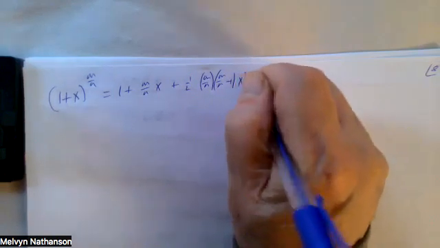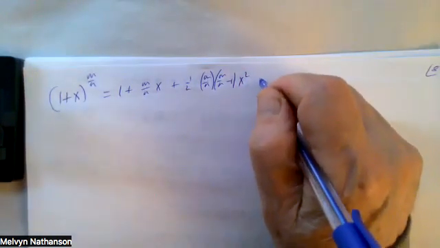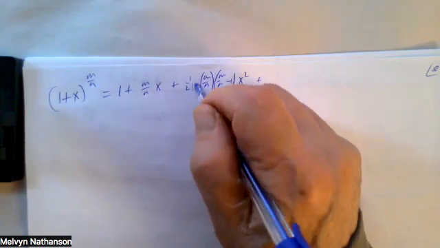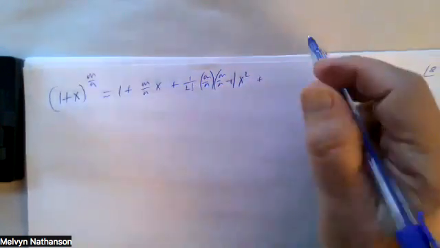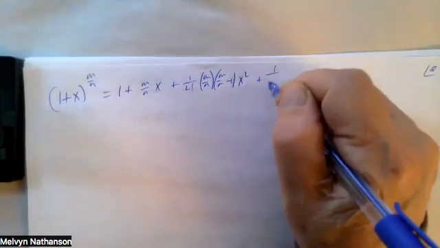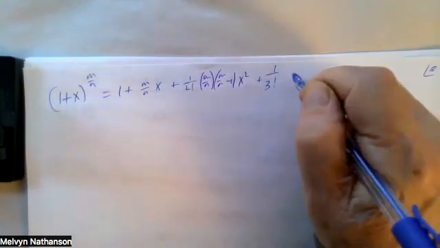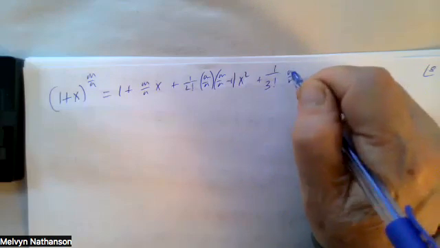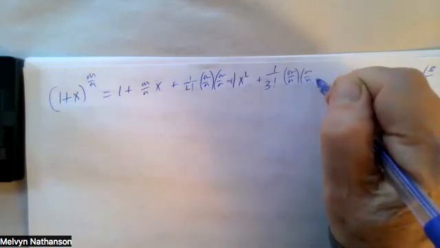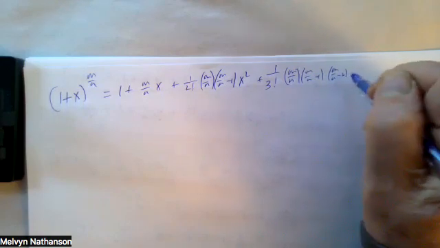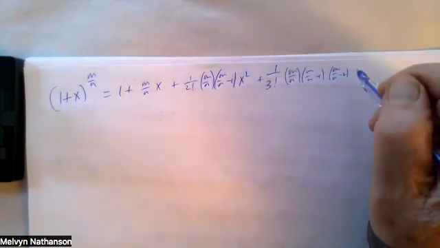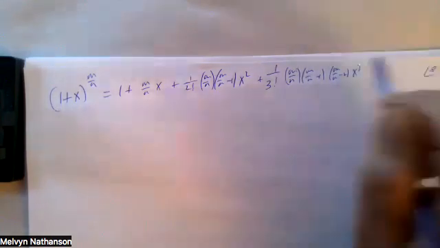minus 1) x squared. Plus, of course, 2 is the same as 2 factorial, because 2 factorial is 1 times 2, which is 2. Plus 1 over 3 factorial, 1/6, (m/n)(m/n minus 1)(m/n minus 2) x cubed.